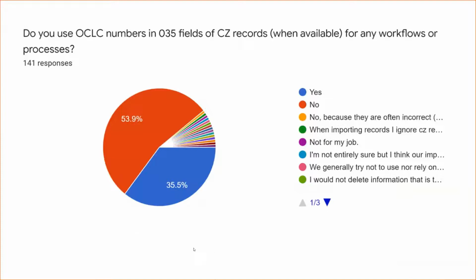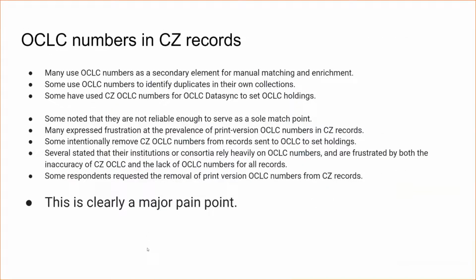This was a bit of a surprise to me personally, knowing some of the issues, especially with print version OCLC numbers existing erroneously in community zone records, which Steve addressed a little bit earlier. So it turns out that in a lot of cases, the OCLC numbers that are in community zone records are used for manual processes.